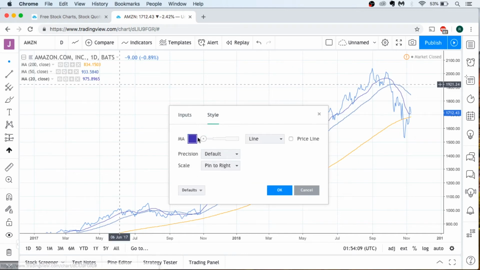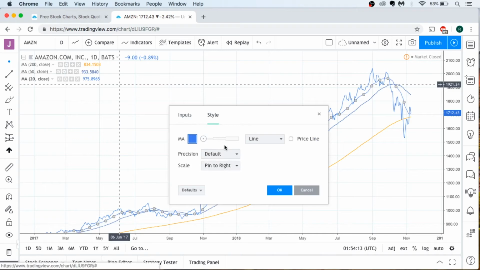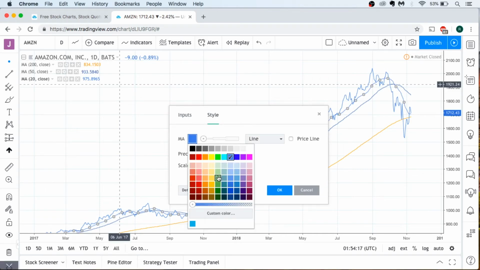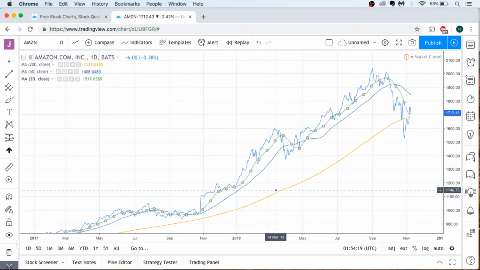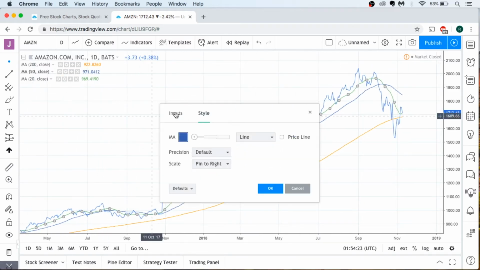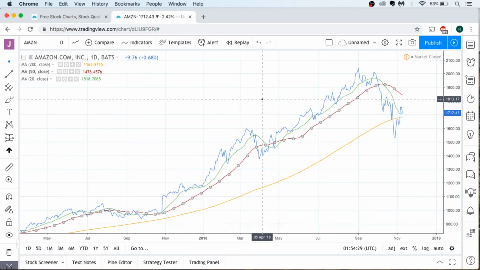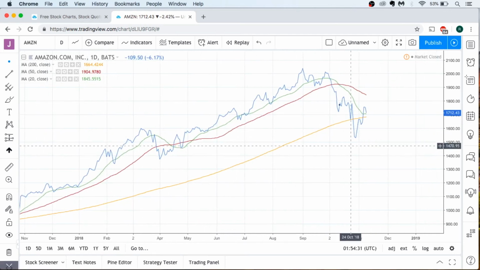Let's change these up real quick. Let's put this in green. Let's put this 50 at red. Okay, there's an easy way of looking at this.